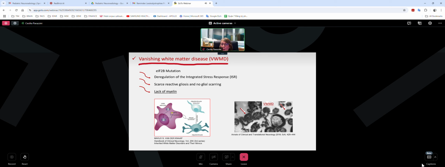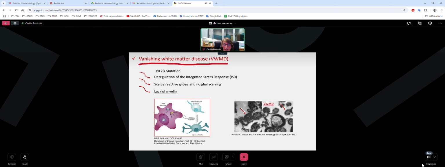Vanishing white matter is one of the most common white matter diseases in childhood, but also may appear at any age, and it's due to a mutation in the EIF2B gene. And this mutation produces a deregulation of the stress response in astrocytes.